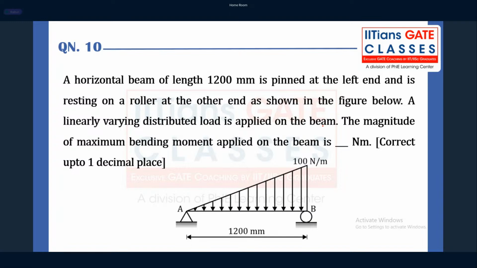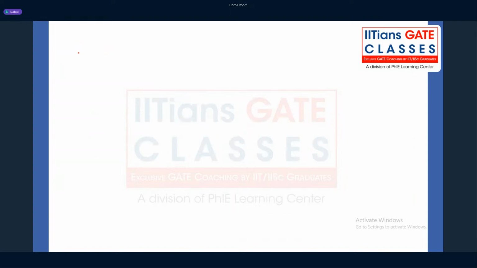Again, there are two methods to solve this particular problem. One is either you remember directly the formula or you try to go with the procedure, right? Here, if I go with the procedure, there is an RA, there is an RB. Again, there is a horizontal reaction, but that will be zero because there is no external horizontal force.